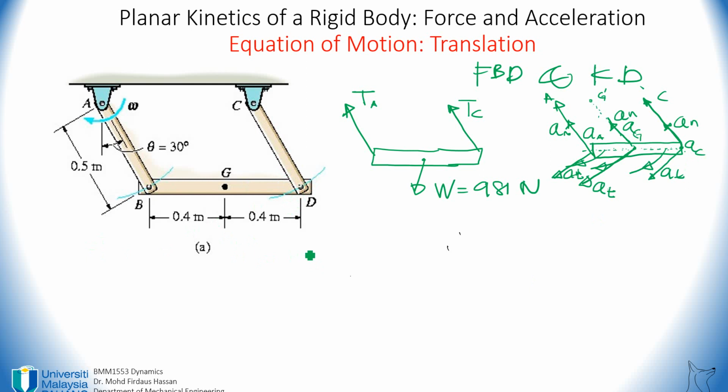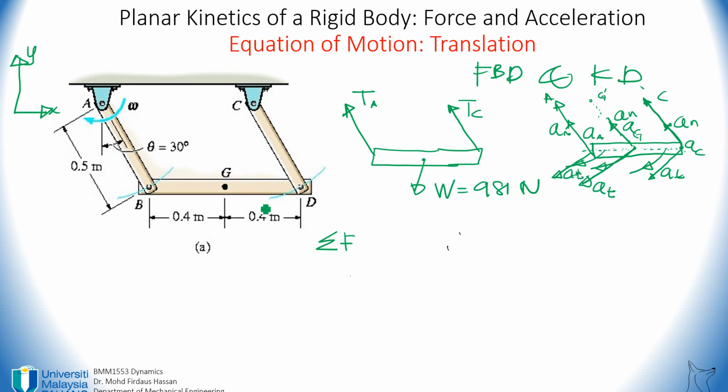So we start with the summation of force. We can draw X, Y, but it is difficult to choose X and Y. It's easy if you choose the normal and tangential coordinates.